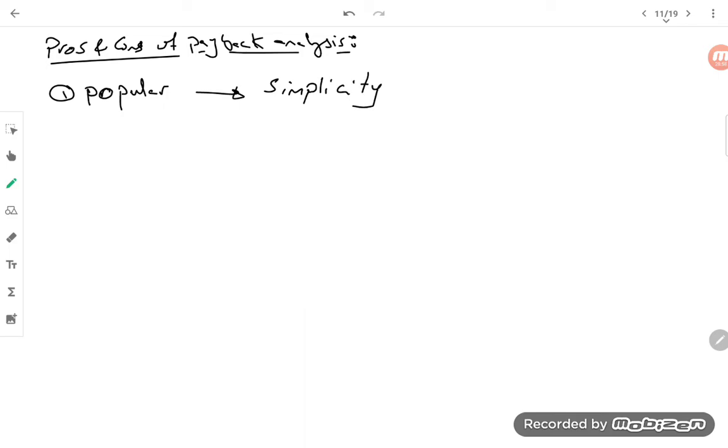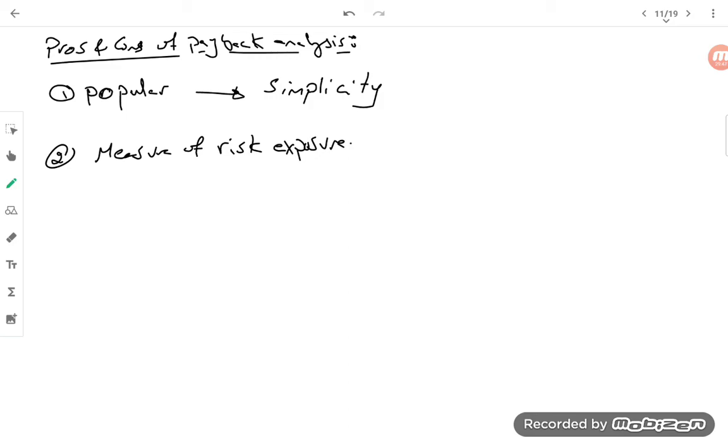And number 2, it helps the firm identify how quickly the firm recovers its initial investment, so this may help the firm measure the risk of risk exposure.